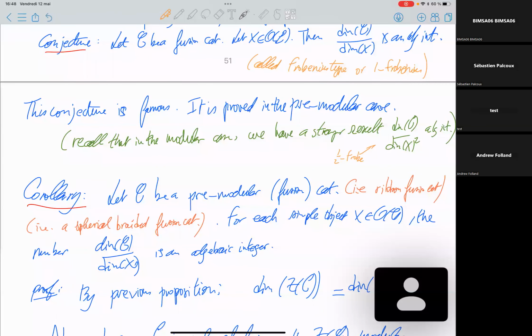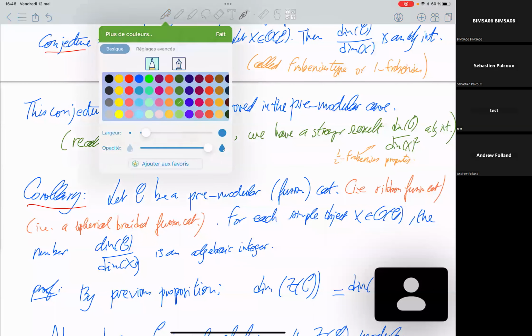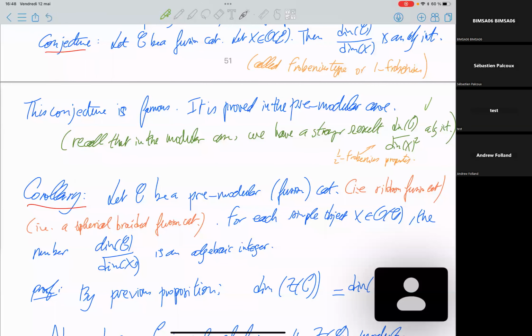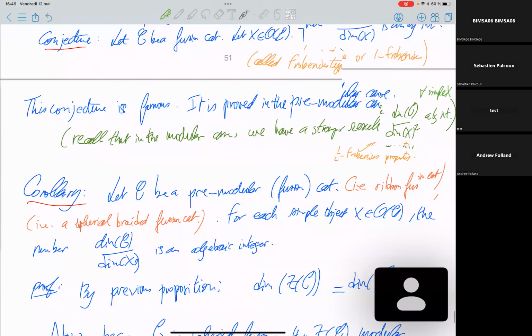Half Frobenius property. For all simple X.